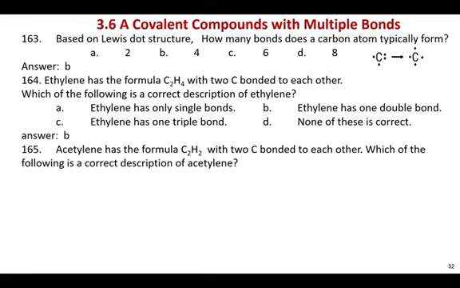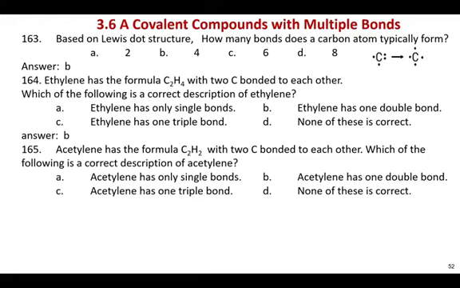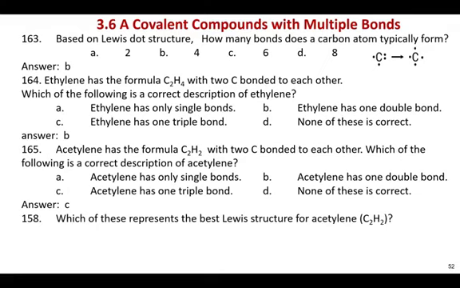Acetylene has this structure, triple bond. Therefore, acetylene should have a triple bond. Correct answer is C. Which of these represents the best Lewis structure for acetylene? C2H2. Remember, for the Lewis structure, you count the electrons: C2H2, 8 from there, 2 from there, it's 10 electrons divided by 2, 5 pairs.